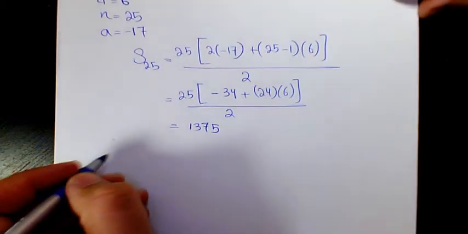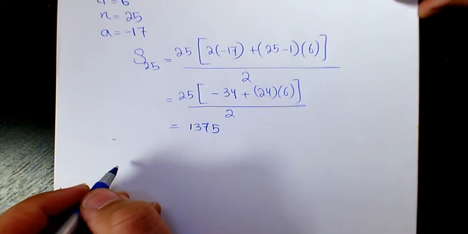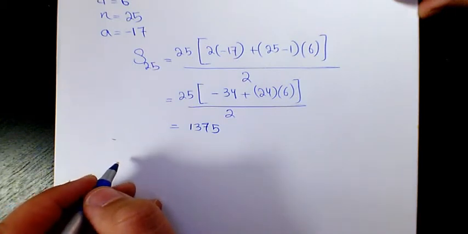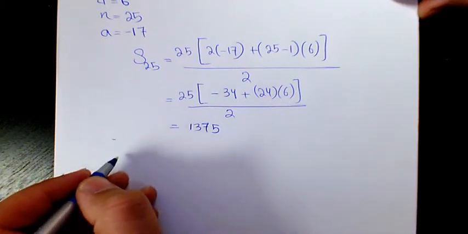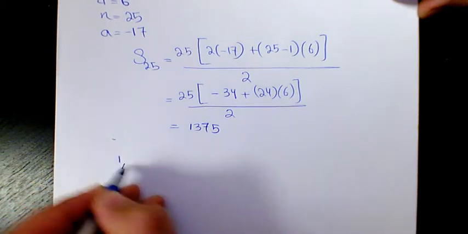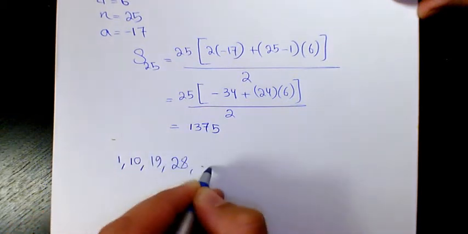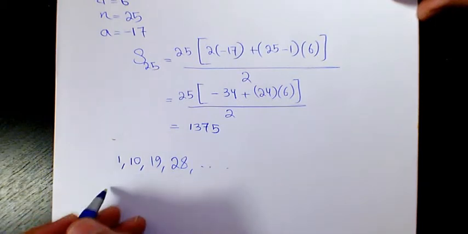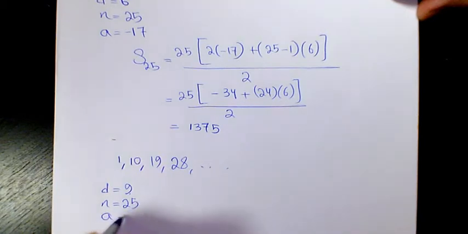Let's do another example. I'm gonna have 1, 10, 19, 28, and so on. D is 9, N is 25, A is 1.